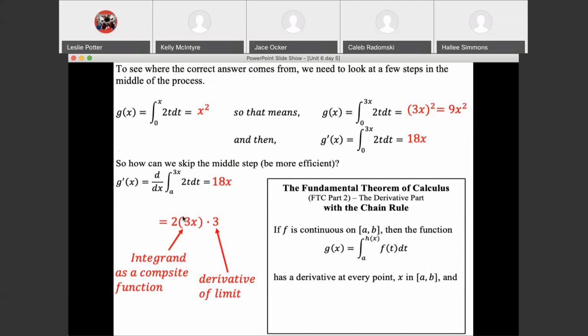So it's still the derivative of the integrand times the derivative of the limit. In other words, outside derivative, inside derivative, because didn't we literally stick 3x into a different function? We literally created a composite.